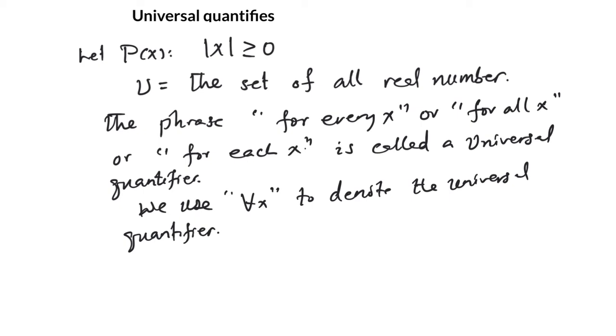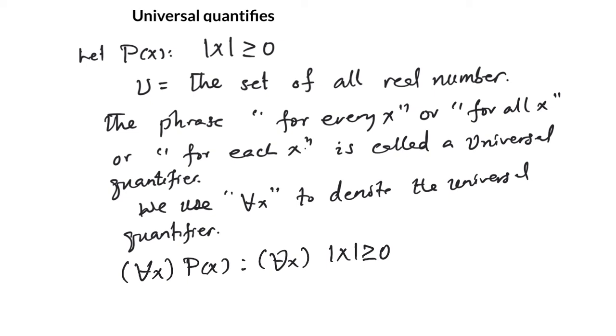Thus, this statement happens to be true regardless of the choice of values from this set. Hence, we may represent such a situation by: for all x, the predicate p of x is true, which equivalently means, for all x, where the x's are taken from the set of all real numbers, absolute value of x is greater than or equal to 0.